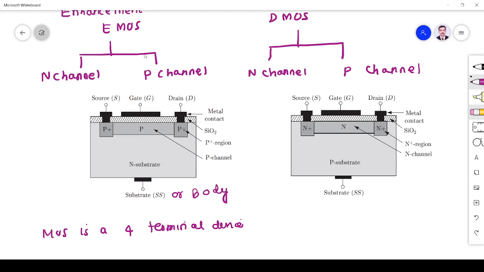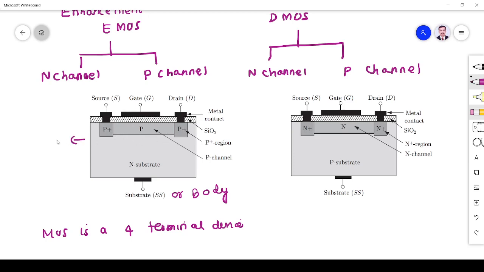So we have studied four different kinds of MOSFET. Here you see this is P channel. If it is a depletion MOSFET, because in depletion MOSFET we are having channel initially. So from the structure itself we can identify whether it is a P channel or N channel MOSFET. Without applying any voltage, we are having the channel between the source and the drain.